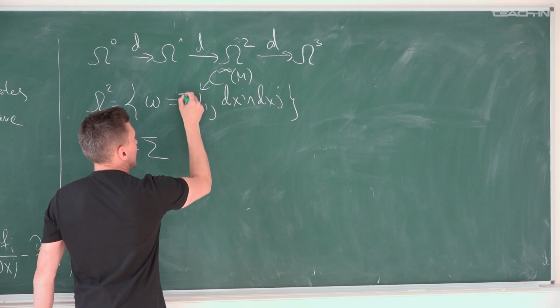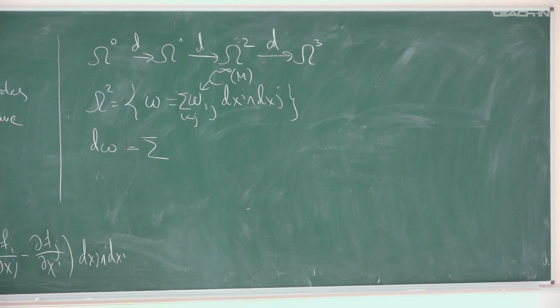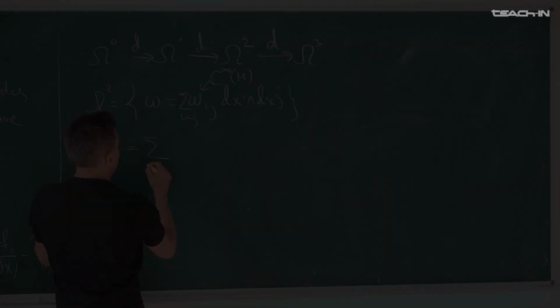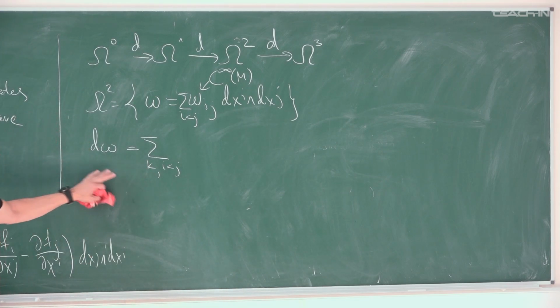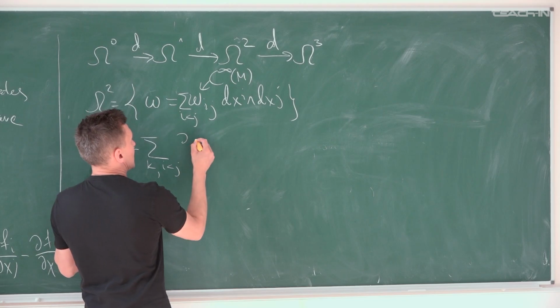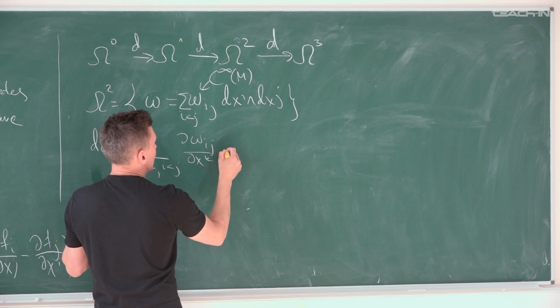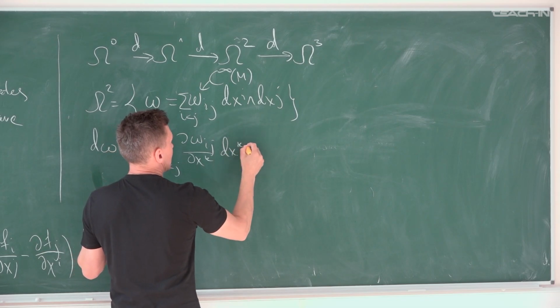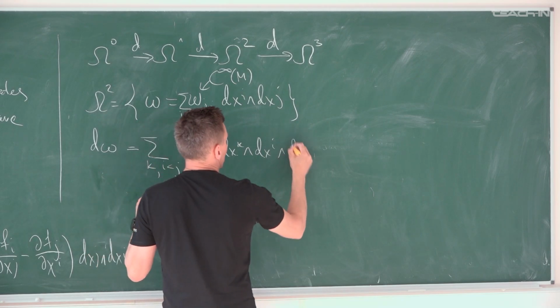So here I prefer to write this way of summation: k is generic, and i is less than j. The sum of d omega ij over dxk, dxk dxi dxj.